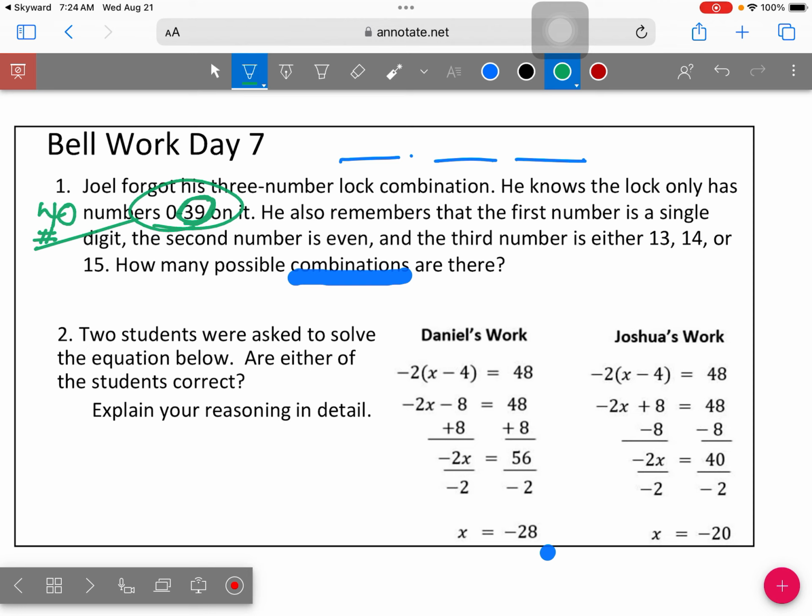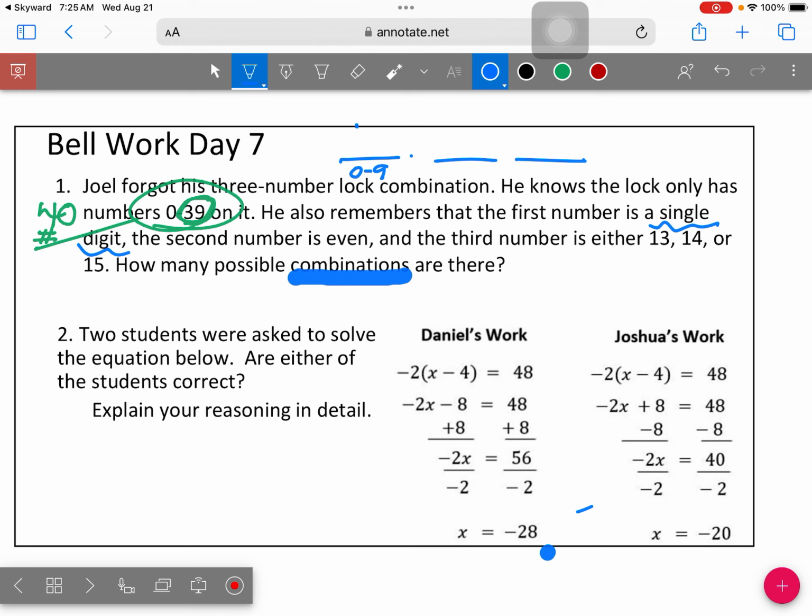40 numbers. He knows that the first number is a single digit. Single digits. So what values could I have for single digits? 0 through 9. Now when you count 0 through 9, how many total digits is that? 10.